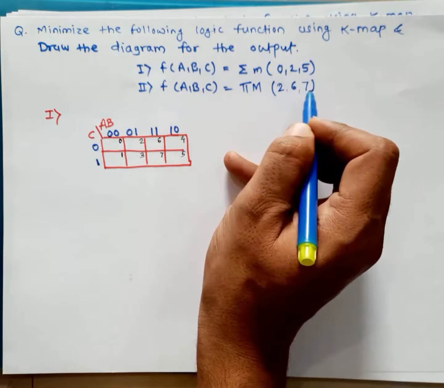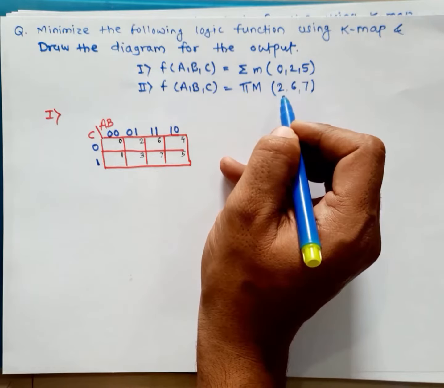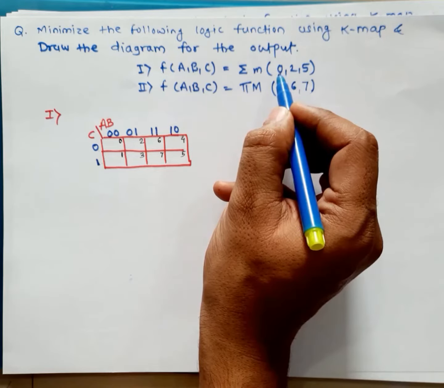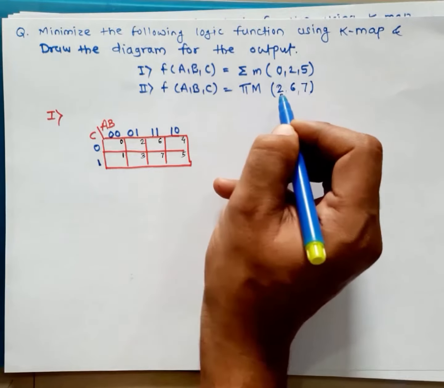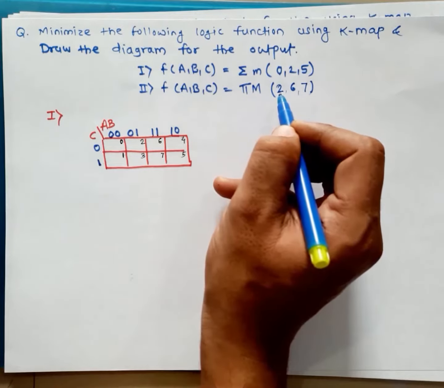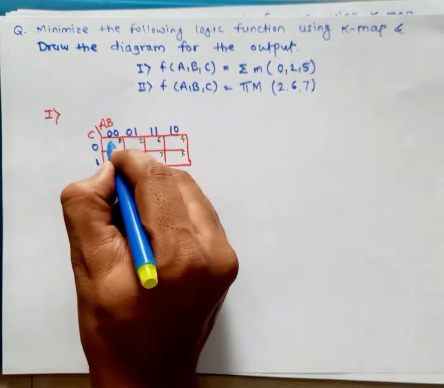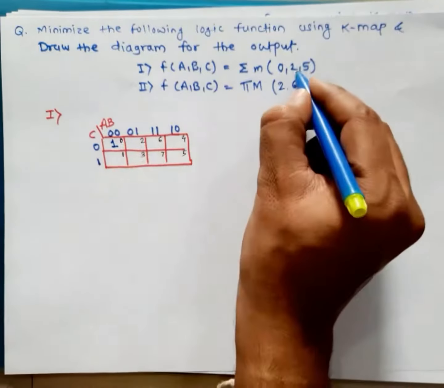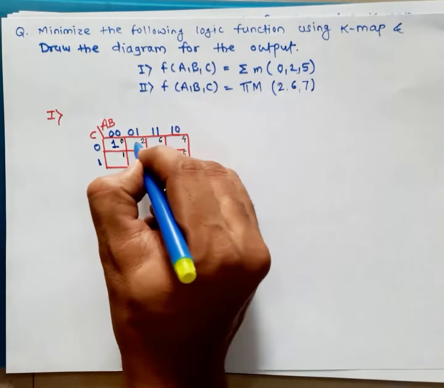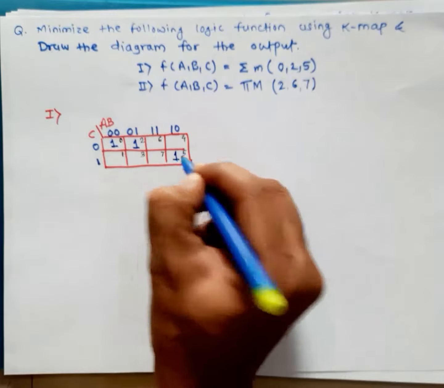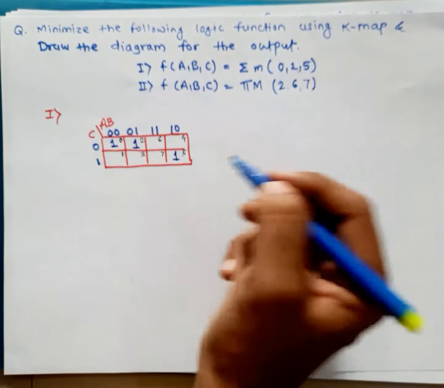For minterms we are marking high values, that is 1, and for maxterms we are marking the 0 value in a K-map. So cell number 0 has a high value, cell number 2 has a high value, and cell number 5 has a high value.